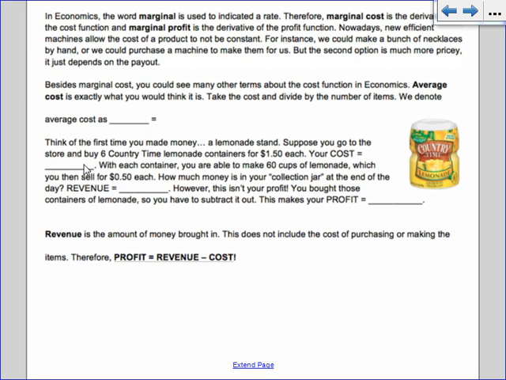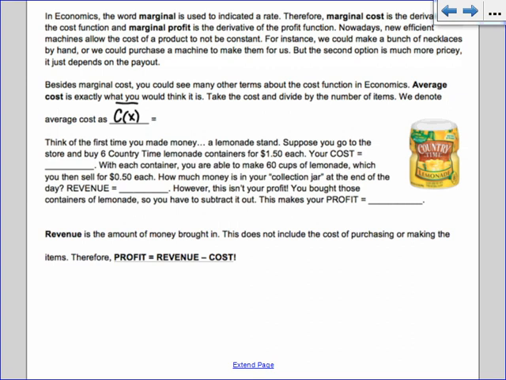All right, so it says, besides marginal cost, you could see many other terms about a cost function in economics. You might talk about the average cost. This is exactly what you think it is. Average cost is taking your total amount of money spent and dividing by the number of items made or bought. So the average cost, we write it as C of x bar. We read it as C bar.